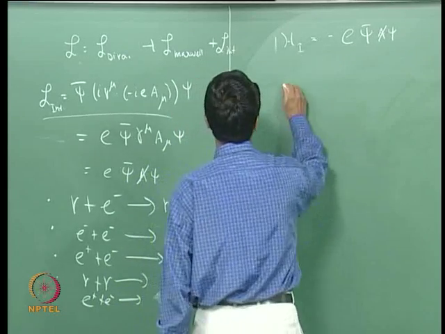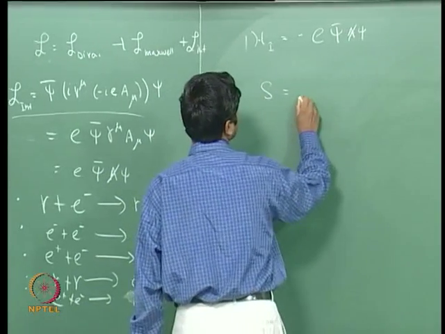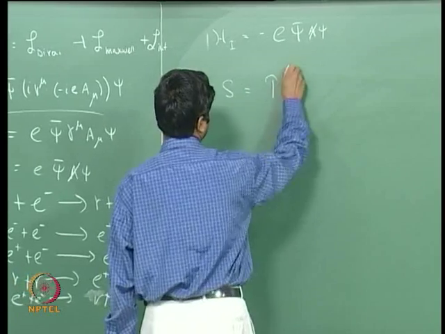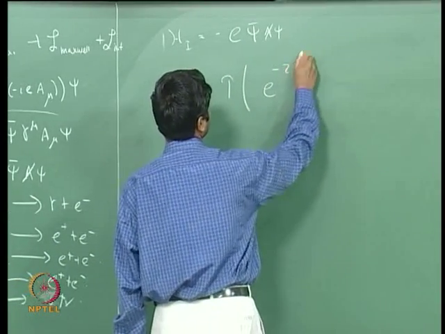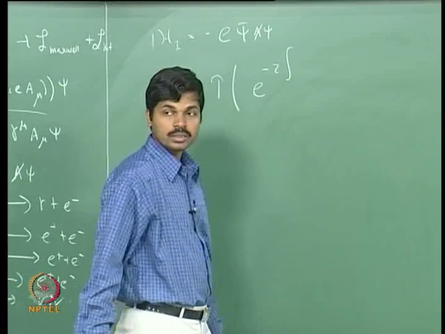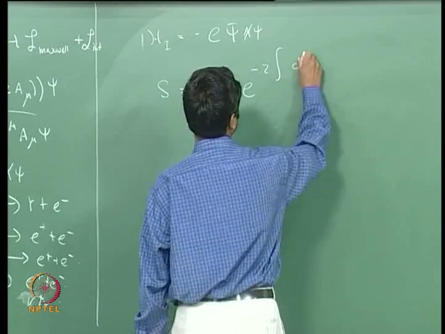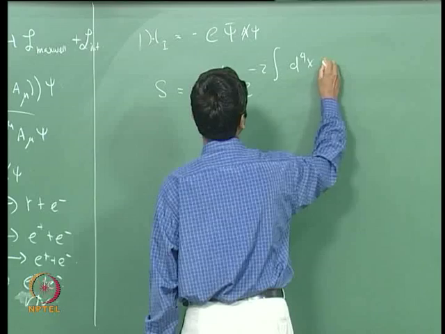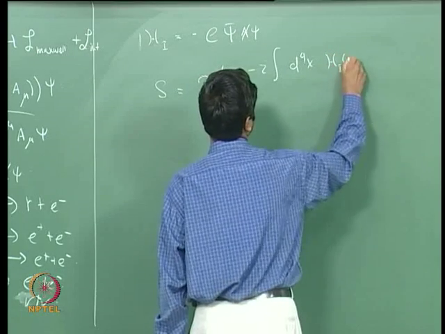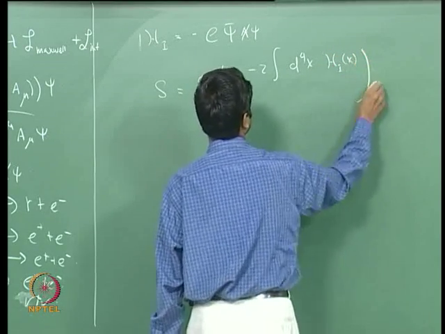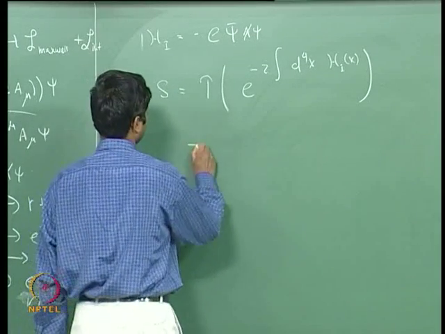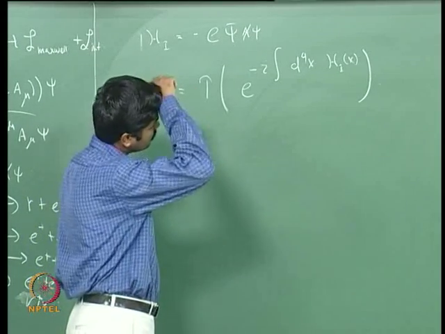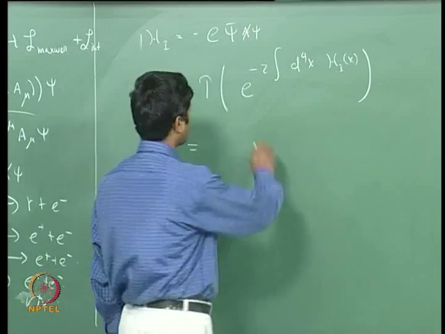And the S matrix is given by the time-ordered product of e^{−i ∫ d⁴x L_I(x)}. I can evaluate it order by order.